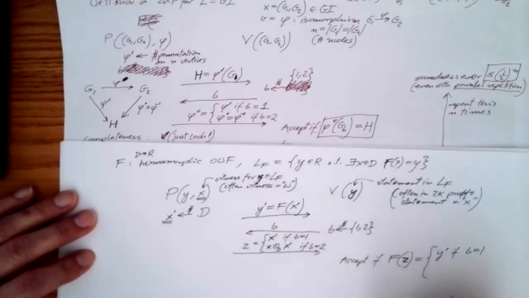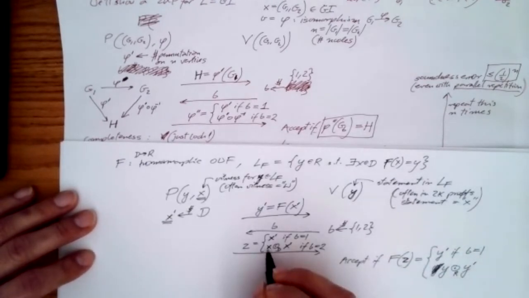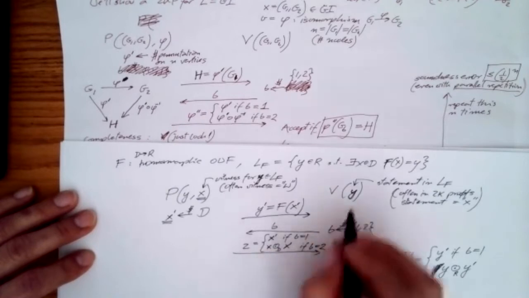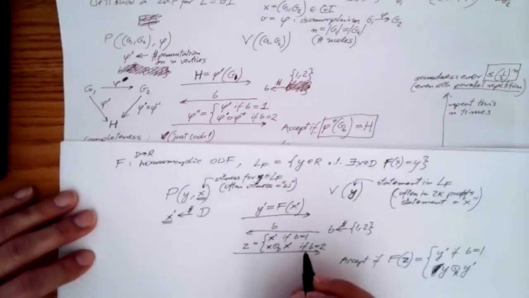And in the other case, what should it be equal to? Well, it should be y. The group operation of the target group applied to the presumed one-way function of x, which was y, and the presumed one-way function of x prime, which was y prime.